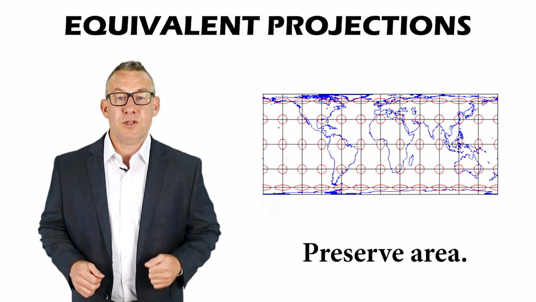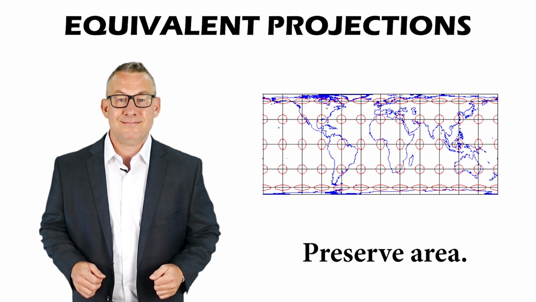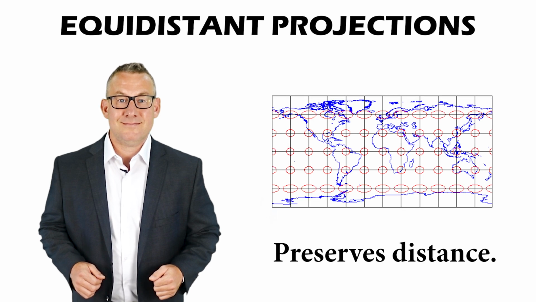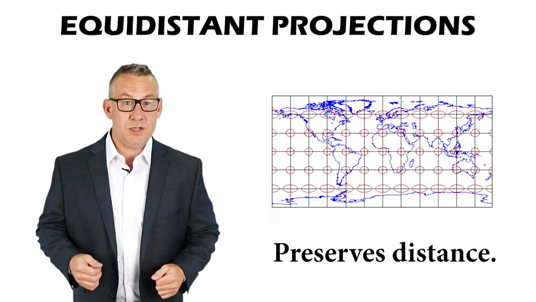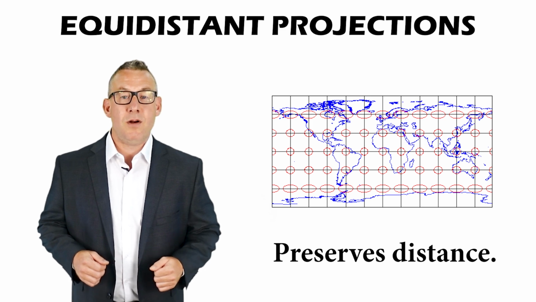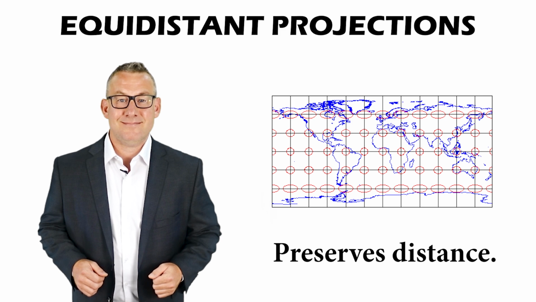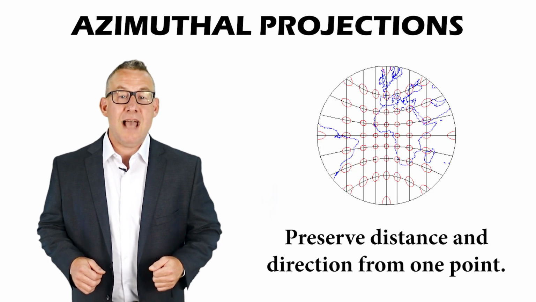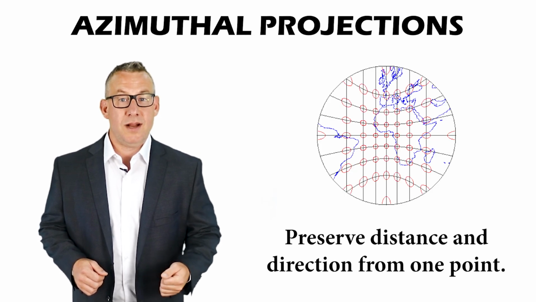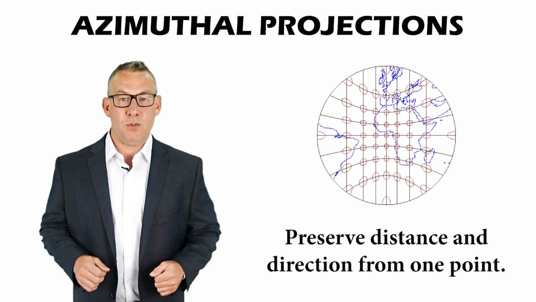Equivalent projections preserve area. Equidistant projections preserve distance from 1 or 2 points. Azimuthal projections preserve direction and distance from the center point.